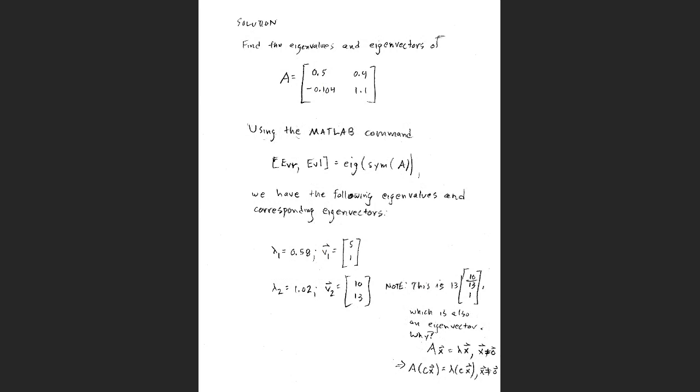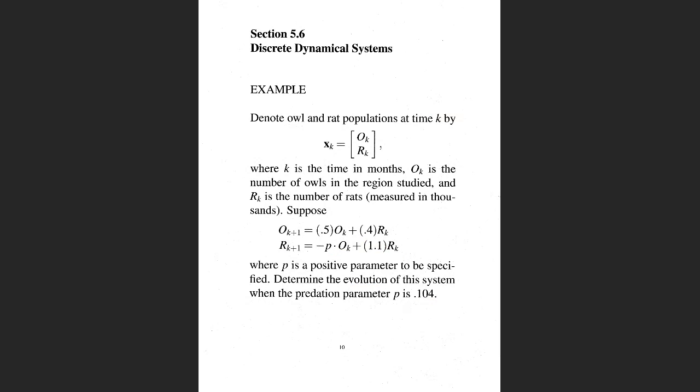Remember what we're doing here. We have that the number of owls next month is equal to a matrix A times the number of owls this month.